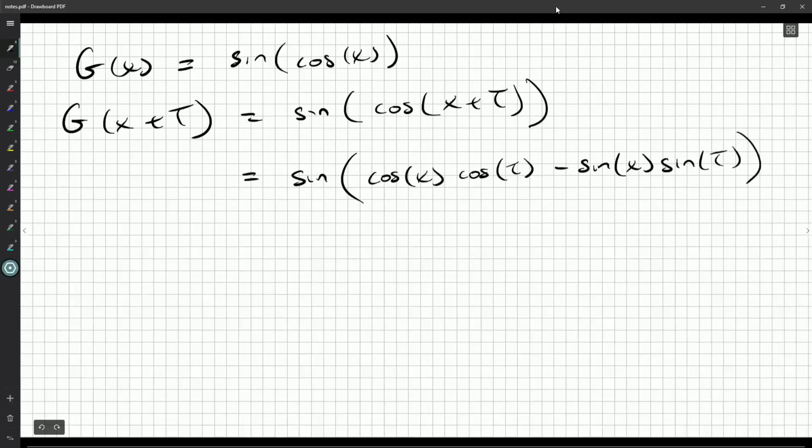Okay, so I like that I'm seeing a cosine x here. That's good. I don't want to see a minus sine x. You might say, well, maybe there's a t so that cos x cos t minus sine x sine t can make everything work out. But if you try that, you'll realize there's going to be an extra sine x in there that is going to absolutely mess up your day.